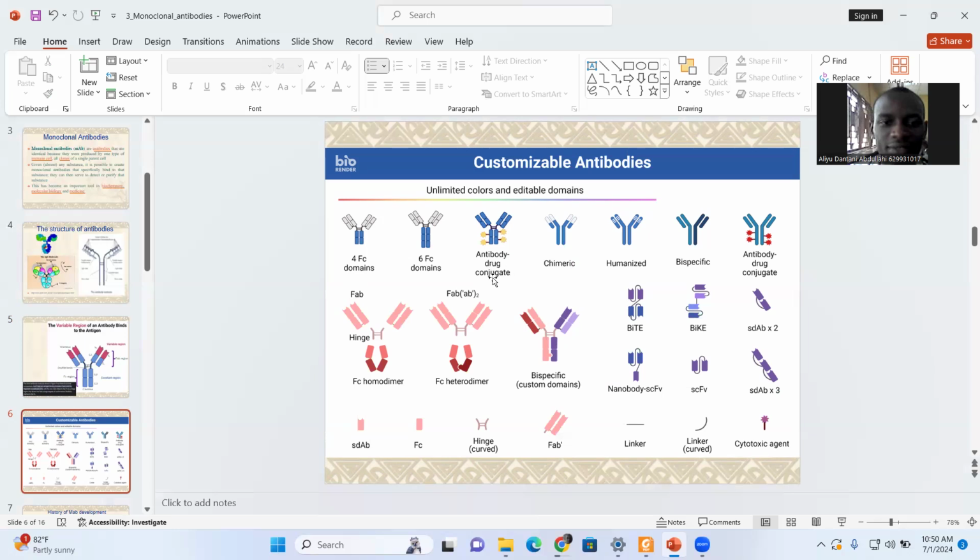So this is an antibody drug conjugate. This is the drug, which has a lot of spikes around it. You have each drug binding to a domain of the FC region. And this variable region up here is known to bind antigens. The chimeric, right? What is a chimera?